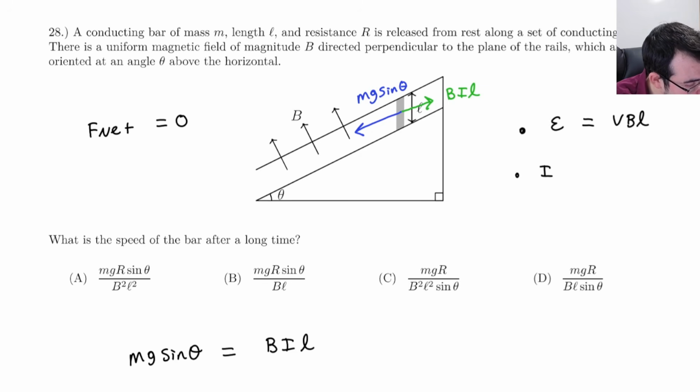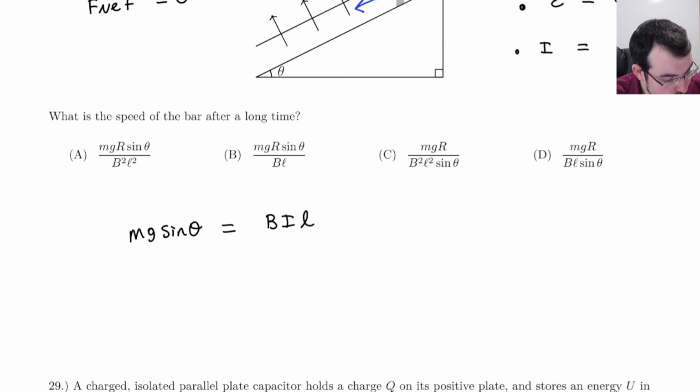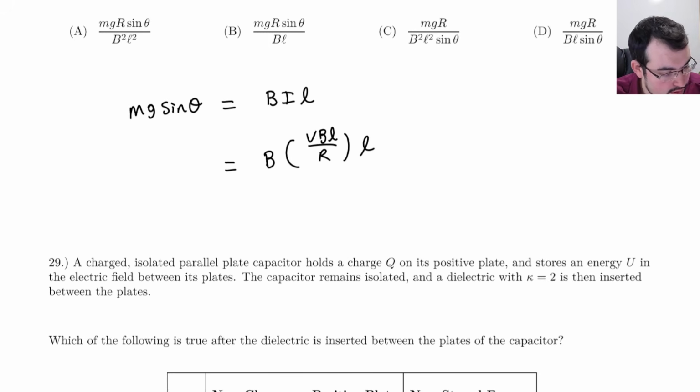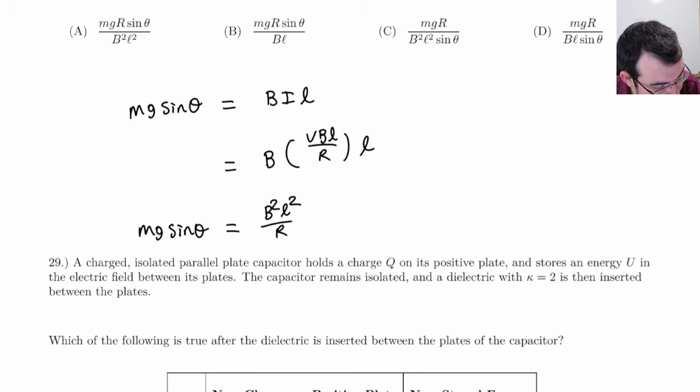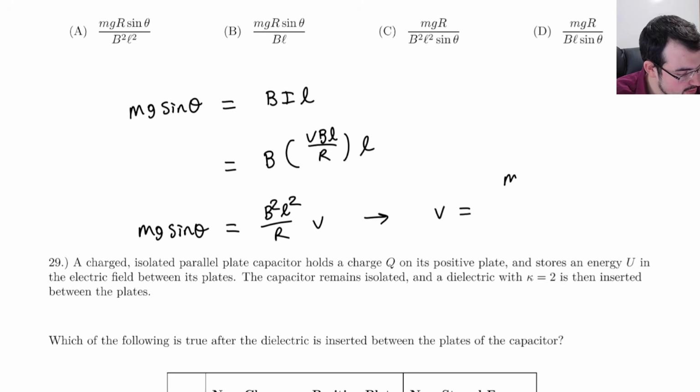So the current would be, by Ohm's law, vBL over R. So BIL will turn into B times vBL over R times L. So we'd get mg sine theta equals B squared L squared over R times L, or sorry, times v. So we'd get our v after a long time would be mgR sine theta divided by B squared L squared.